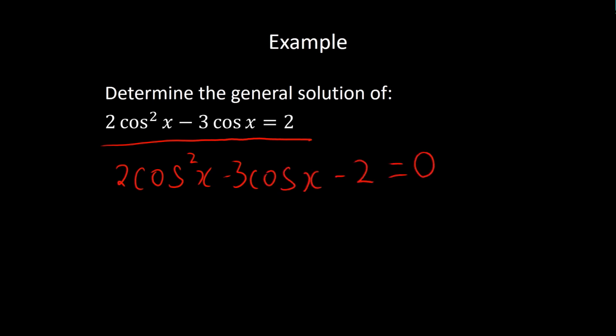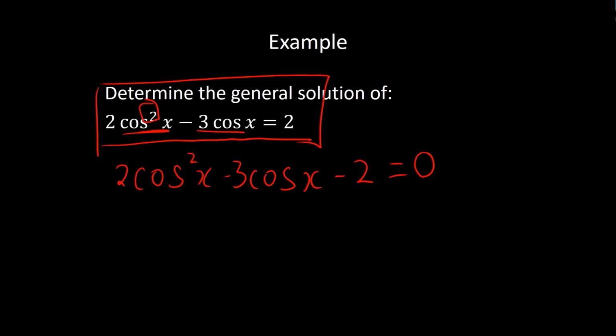So the first thing we do is notice that this is called a quadratic equation because we've got a square there. Do you see the ratio of the first two terms? 2:1. Therefore, this is a quadratic trinomial.